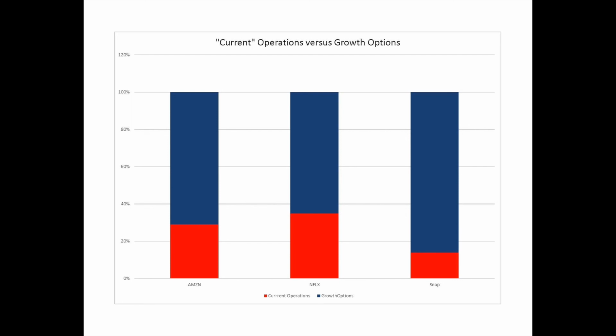For Snap, it's only 15%. So if you're an investor in Amazon, for example, today, you're buying more growth options than operations in place. Maybe that makes sense, but it entails a good deal of risk. If expectations regarding those growth options changed, the stock could drop dramatically.